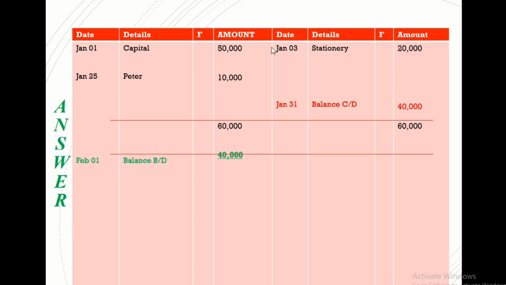The credit side represents the money spent during January, which in total is 20,000.